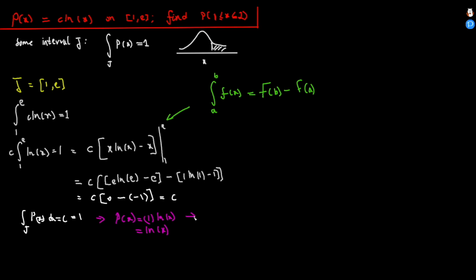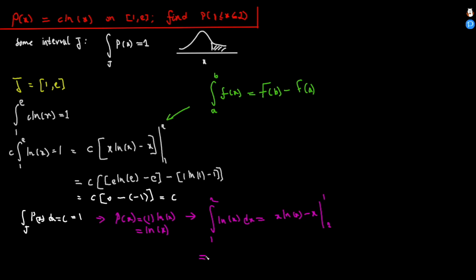Now what we want to find is this value. So we take this and integrate over the interval: the integral from 1 to 2 of ln of x dx, which is x ln of x minus x evaluated between 2 and 1.